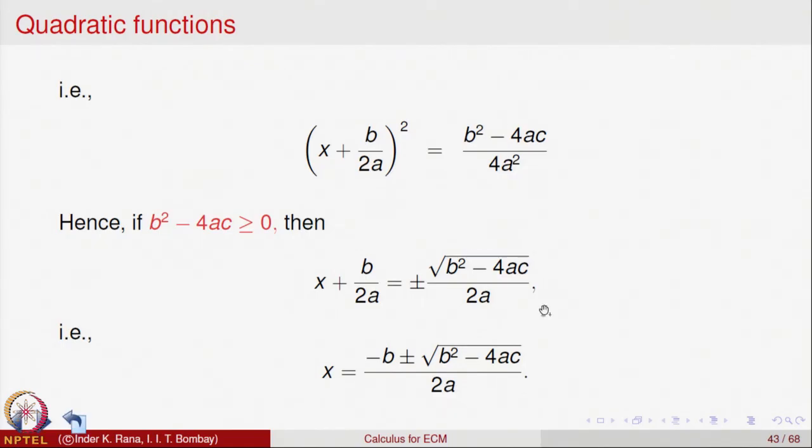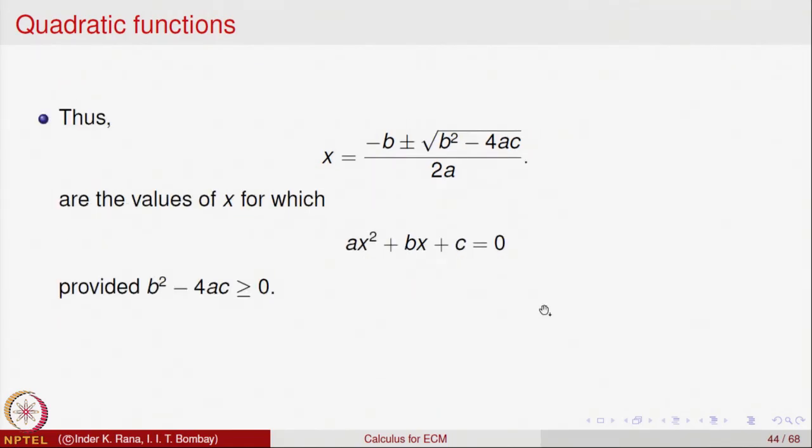So we get two possible values for the quadratic. If the quadratic is ax² + bx + c = 0 and b² − 4ac is not equal to 0, then there are two roots possible, x = (−b ± √(b² − 4ac))/2a.